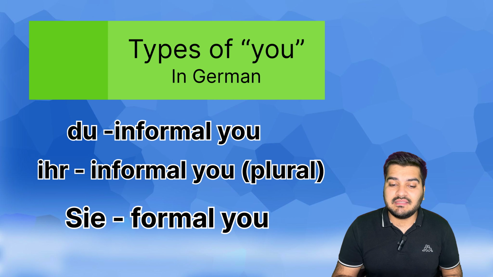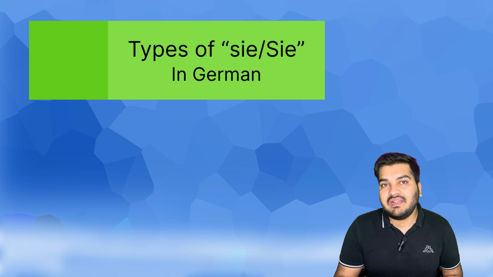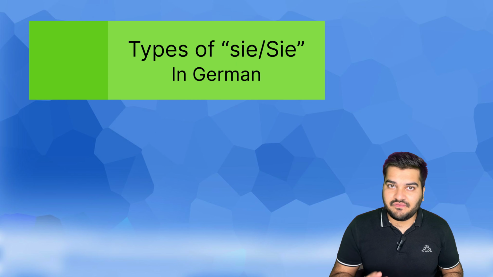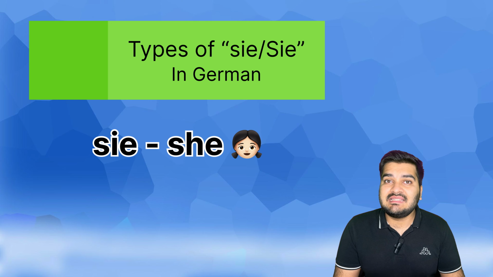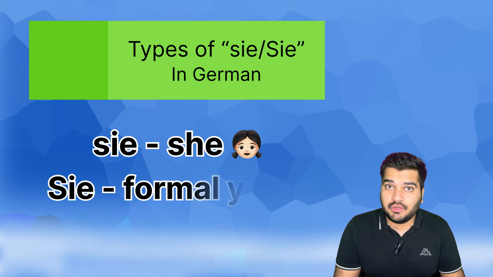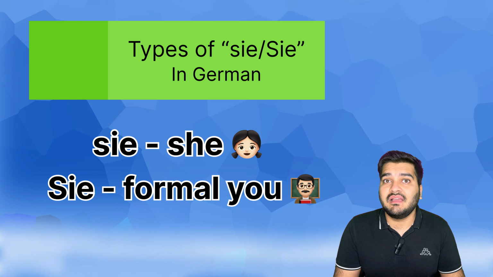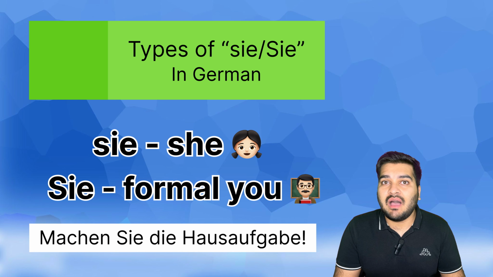Now let's discuss. We have 3 different types of sie. Now the difference. First sie is she. Second sie is formal you, and you can see this formal you doesn't matter if it is coming in the middle of the sentence, in the starting of the sentence, or at the end of the sentence. If you have formal you, S has to be capital. For example, machen Sie die Hausaufgabe, which means do the homework.